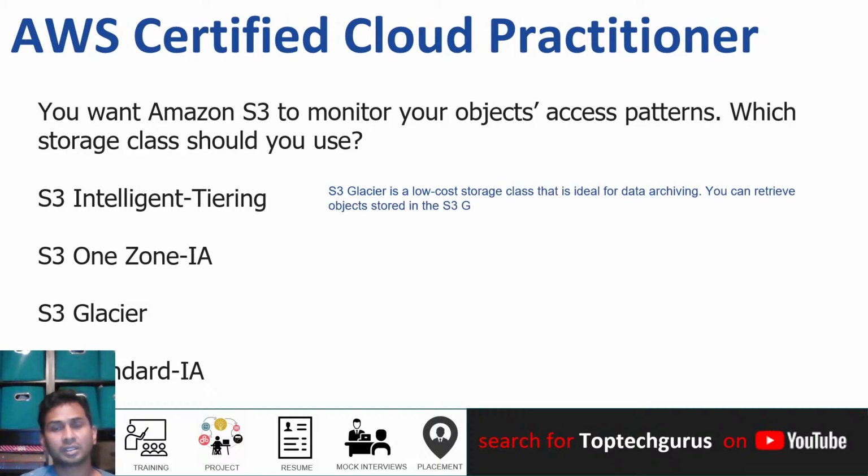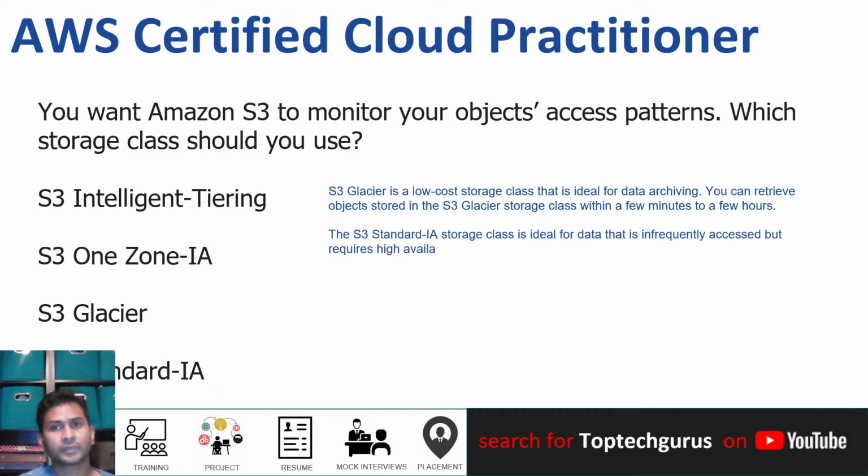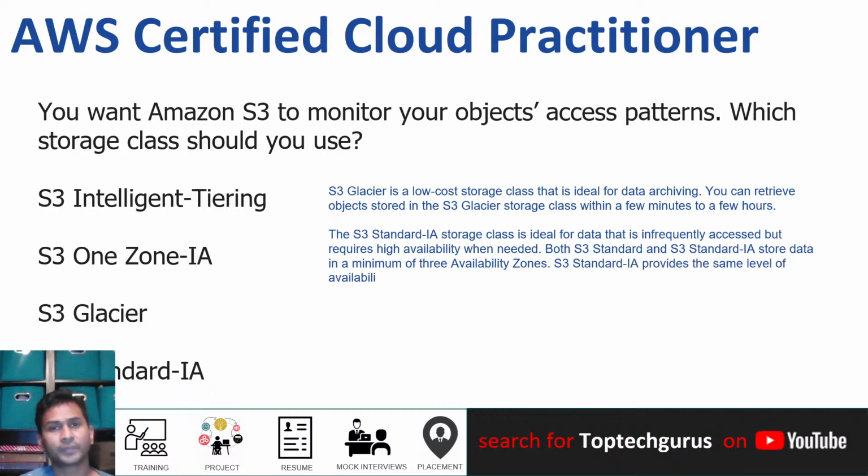So let's look at that. The description for S3 Glacier is a low-cost storage. It is ideal for data archiving. If you need access to the data that you stored, it may take you a few minutes to a few hours to access the data.